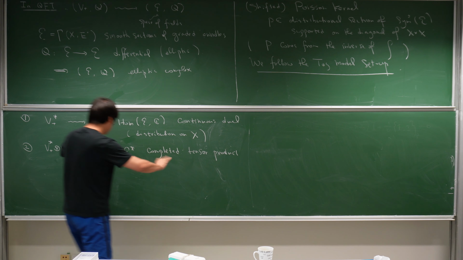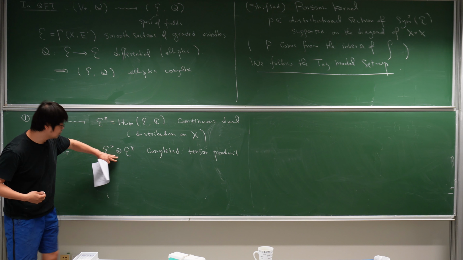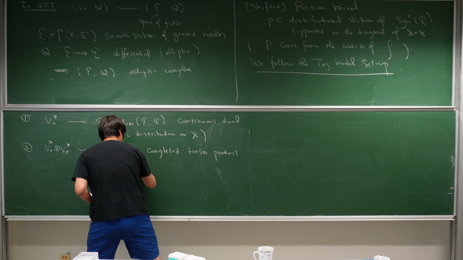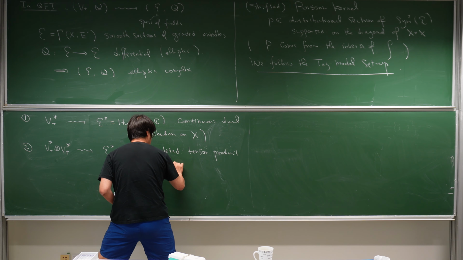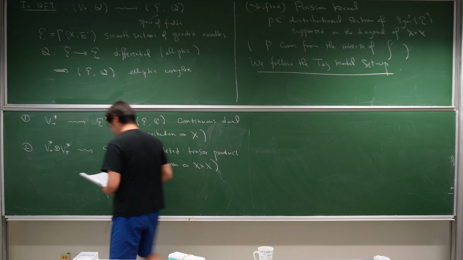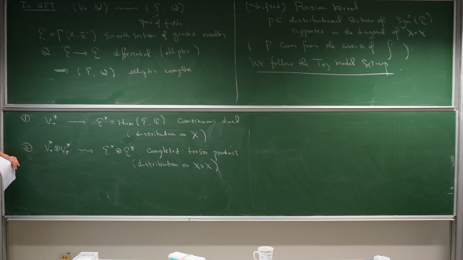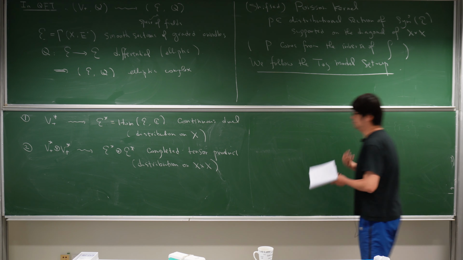So basically, this is the distributional sections of the bundle on the product space. So distribution on X product X. So this is also well defined, which is pretty okay. Nothing obstructs us from doing this.